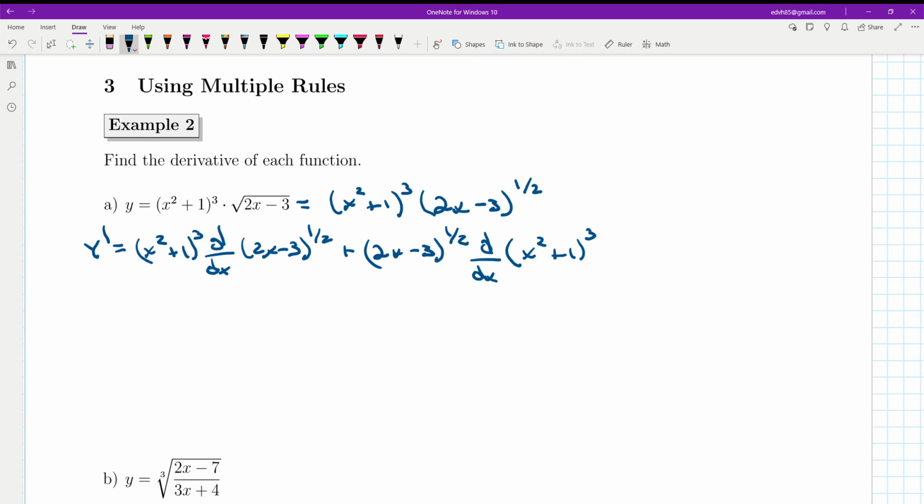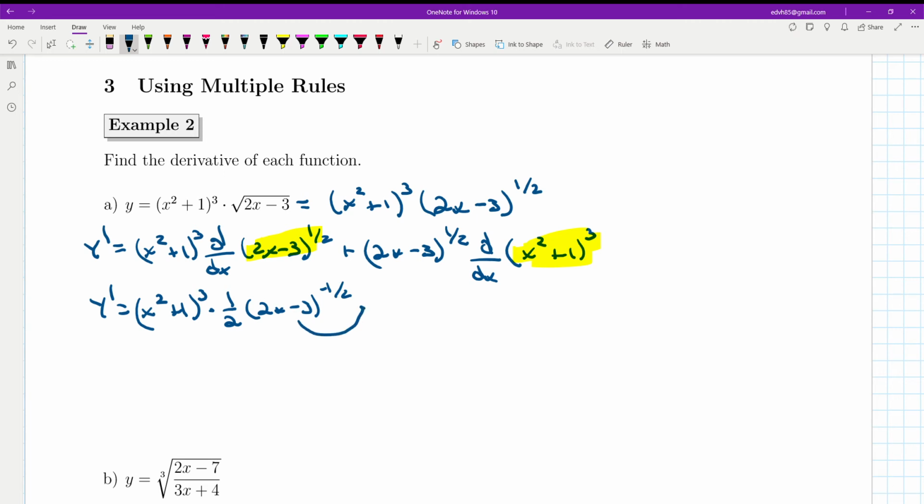So number one, we're going to use the chain rule over here, and we're going to use the chain rule over there. Alright, so let's see what we get. So y prime equals x squared plus 1 cubed times the derivative of the quantity I have highlighted in yellow, that's 1/2, 2x minus 3 to the negative 1/2, times the derivative.